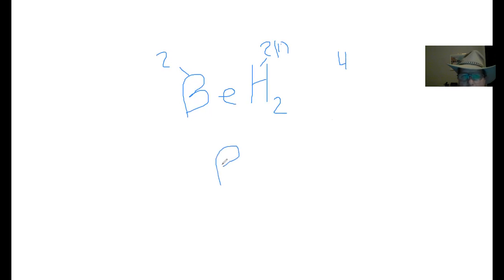If I draw this with beryllium in the center, I take 1 bond to hydrogen. I do another bond to hydrogen. I've used up all my electrons. I have none left.